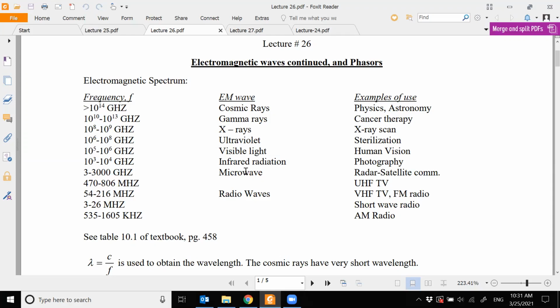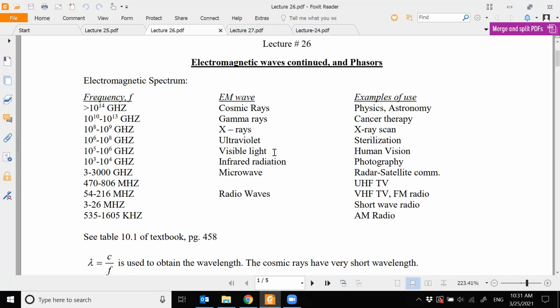They are all electromagnetic waves, but this frequency is used for mobile communications. Then as the frequency increases, you have different names. This is infrared, IR, mostly used for photography and other applications as well. Then you have visible light, 10 to the power of 5 to 10 to the power of 6 gigahertz.